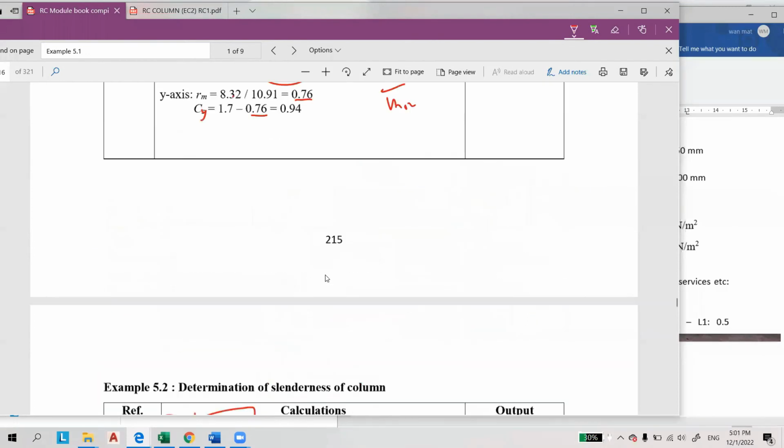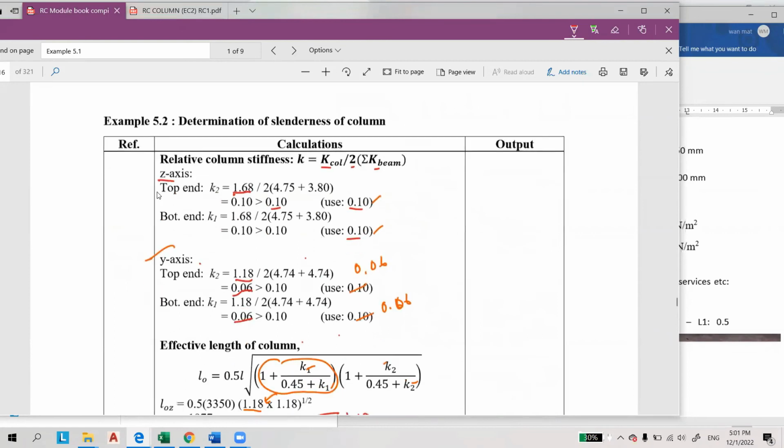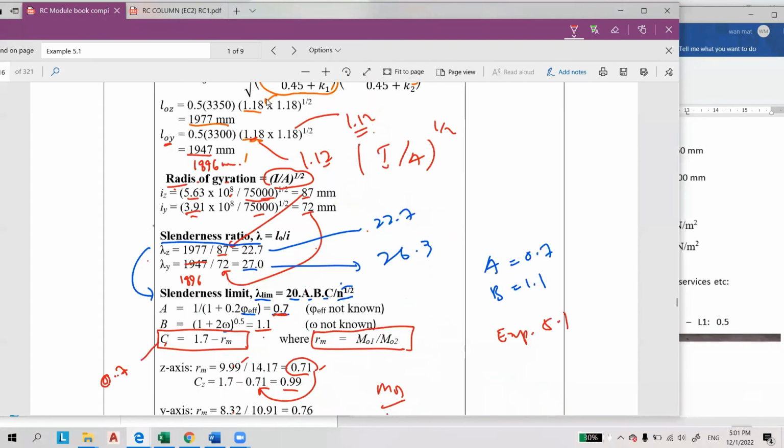But this step involves long calculations where you must know the stiffness. The stiffness is useful to determine the effective length, and then you need to know the radius of gyration before you can know the slenderness ratio, and then you compare with the limit.